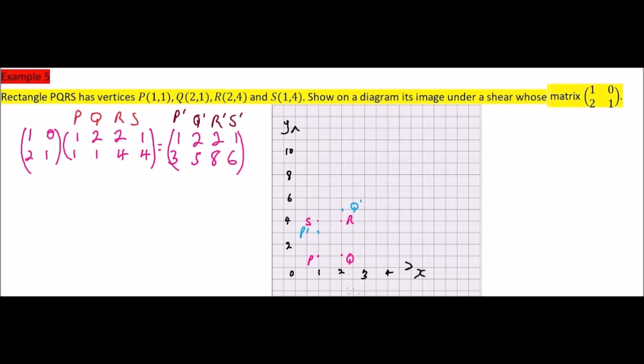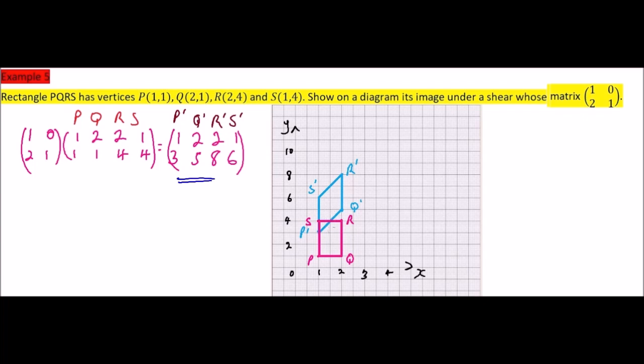Then our R prime is at 2, 8, so this is our R prime. Then S prime is at 1, 6, so that is where we have our S prime. We are going to join the points to come up with the figures. So these are the two figures that you get from our calculations here.